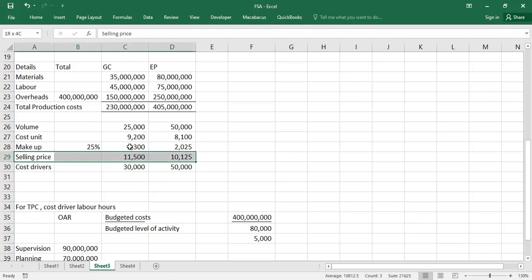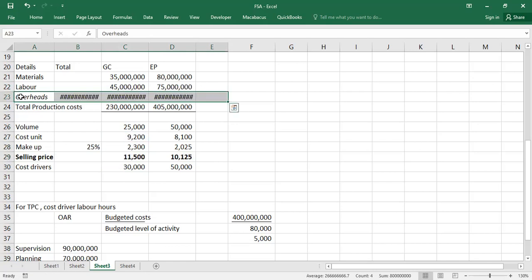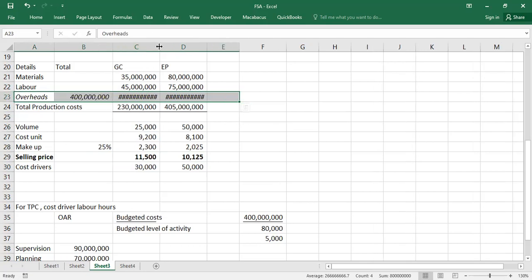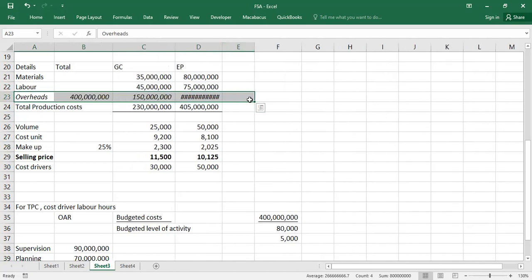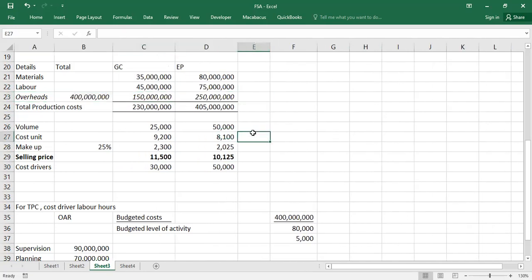Okay, so guys, that is TPC for you. If you have generalized the overheads like it was done in class, you want to do what was done in class just to avoid issues. Then if you go to ABC now, ABC does not differ significantly from this one, and I'm going to adjust this one.